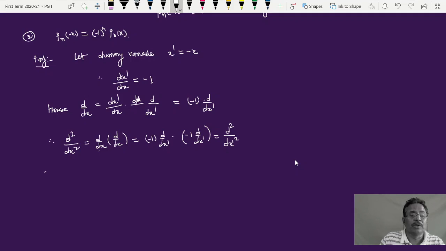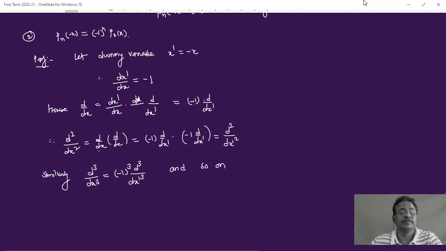Similarly, if I go for the third calculation, everything is given in the textbook very nicely. You can go for that later on also. d cube upon dx cube will come to be minus 1 raised to 3 into d cube upon dx prime cube, and so on.